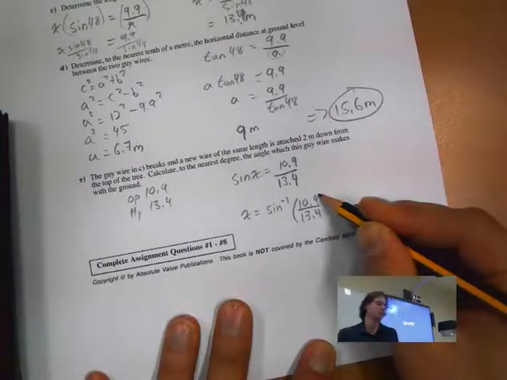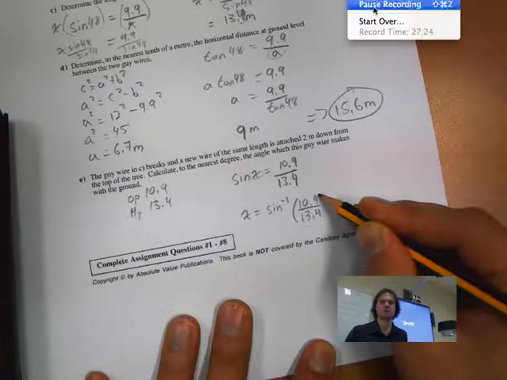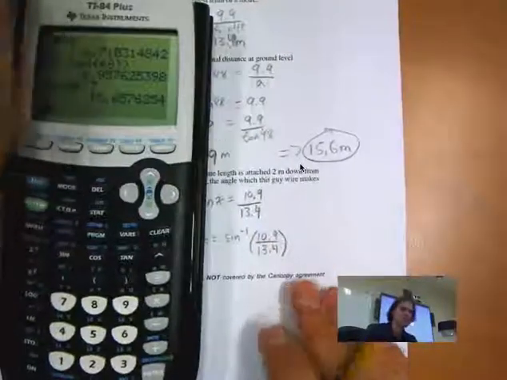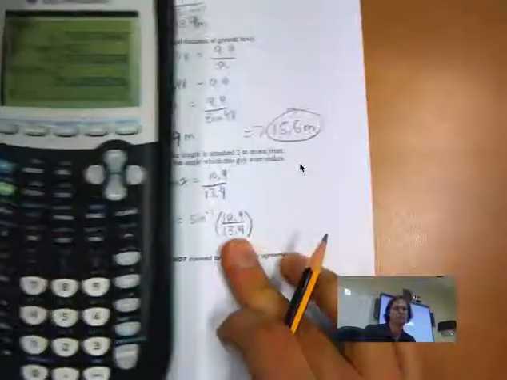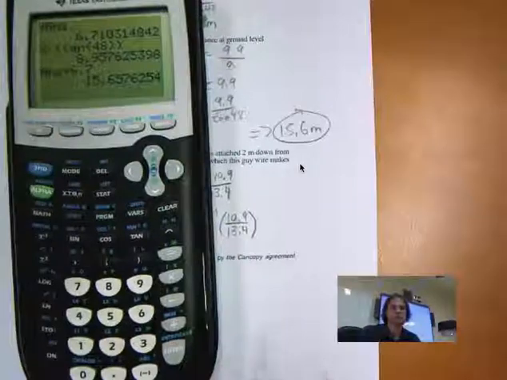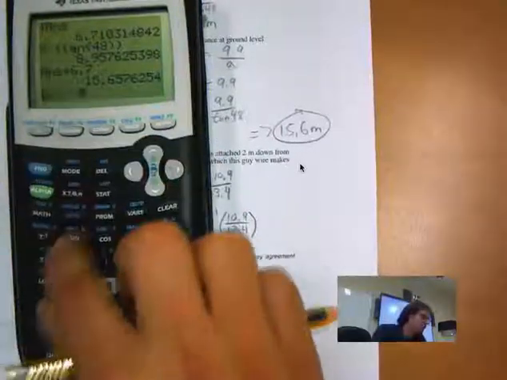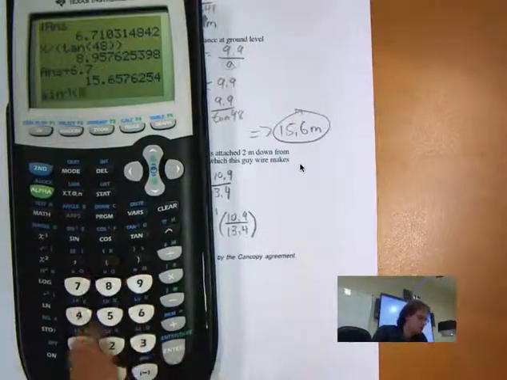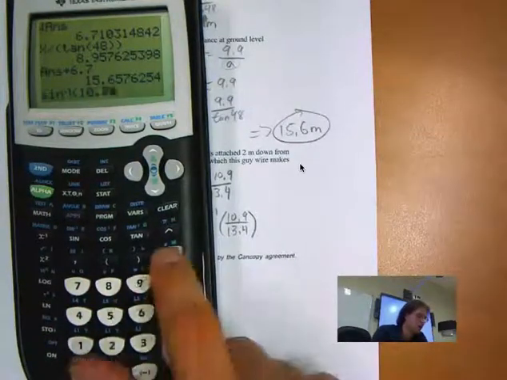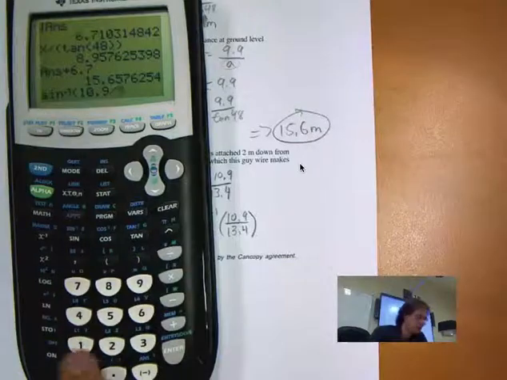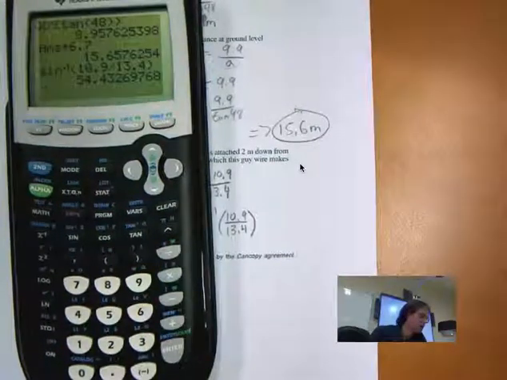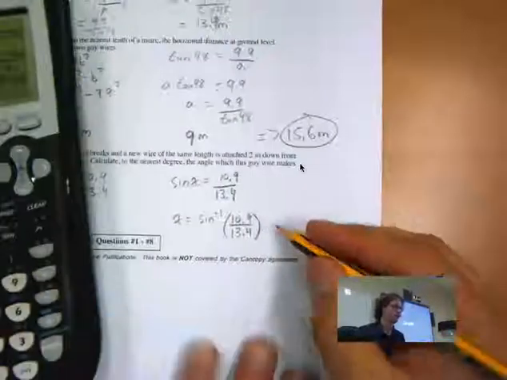So let's put that in my calculator. So that's second sine, 10.9 divided by 13.4. And I end up getting an angle of 54 degrees.